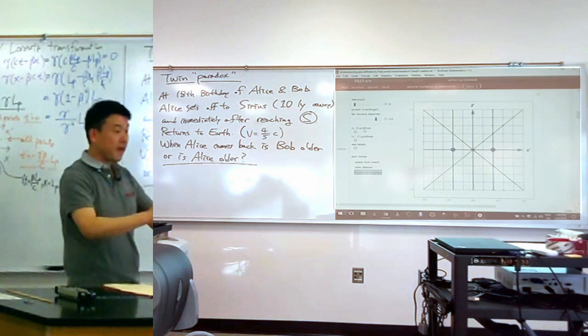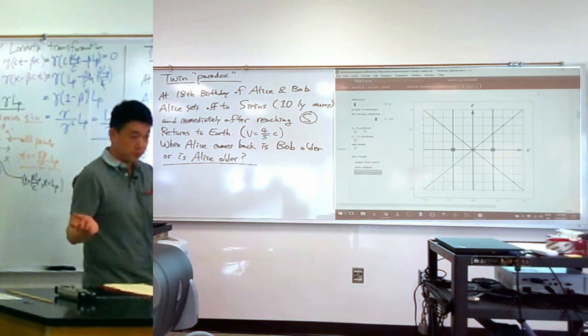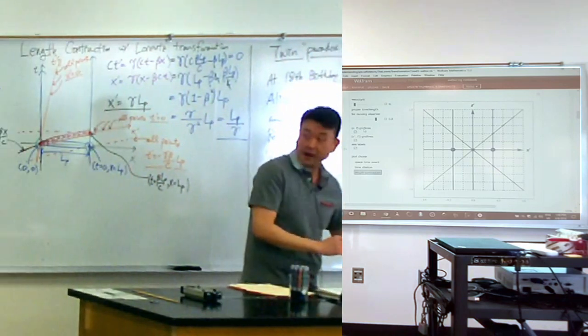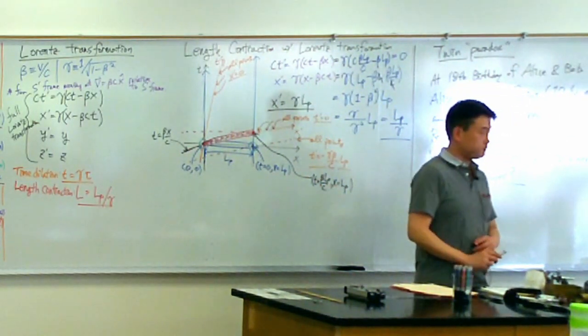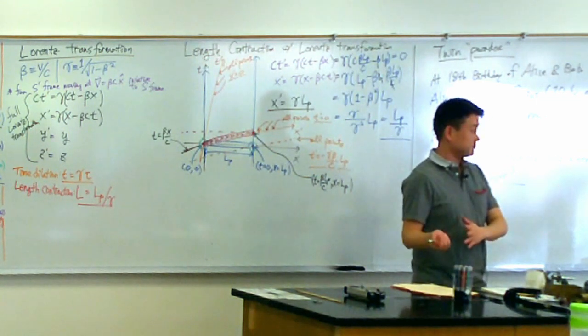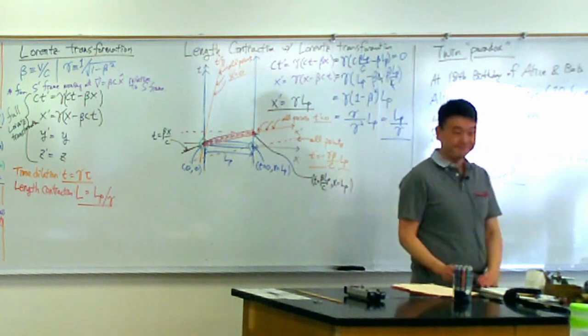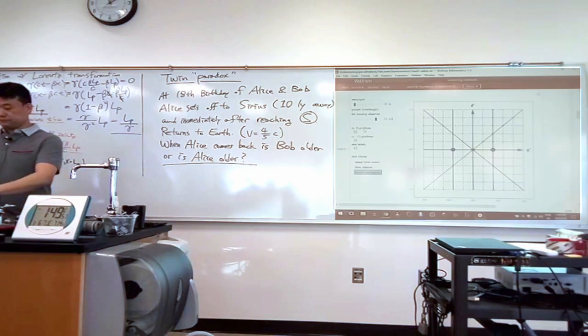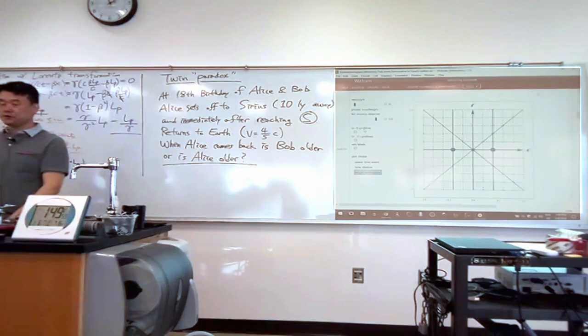Because when they come back and you compare their ages, one of the two is probably going to be older. From what we know about time dilation, something about the passage of time will be different for somebody. So who's older? Okay, I'll give you 30 more seconds, and then talk to your neighbor if you want to. And I'll just poll the whole class.